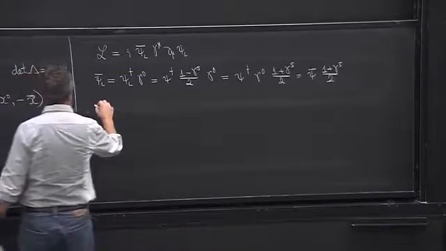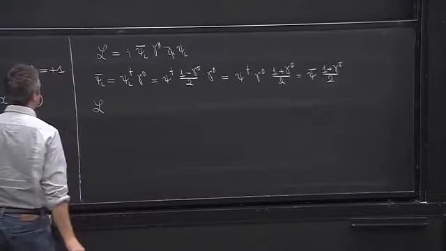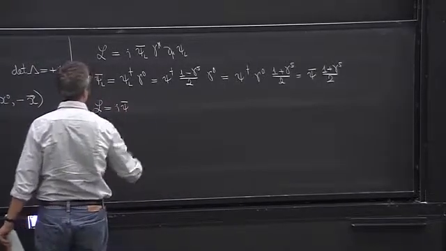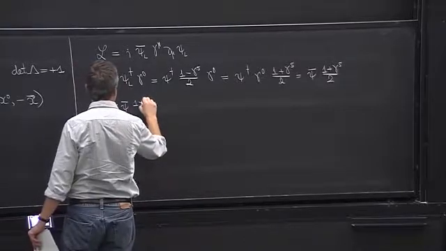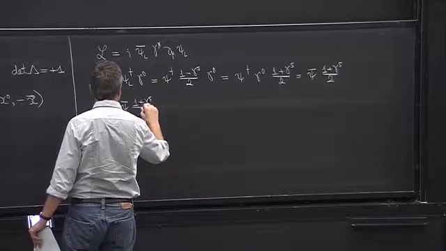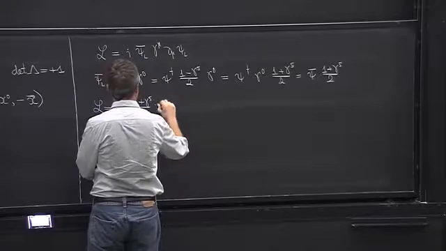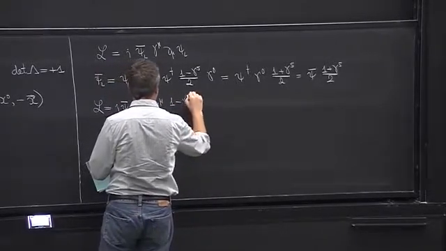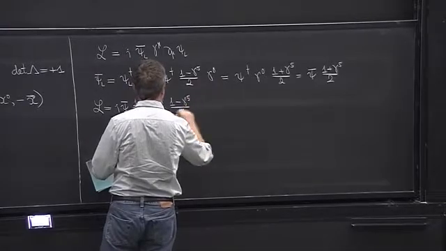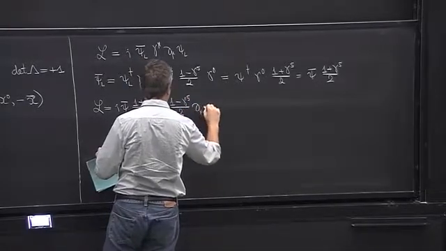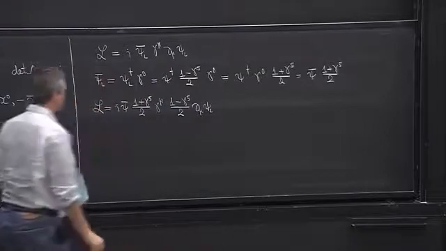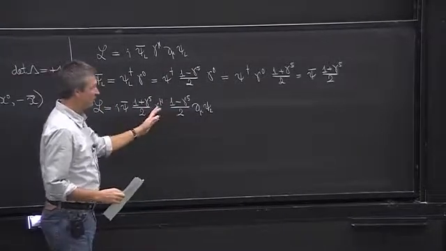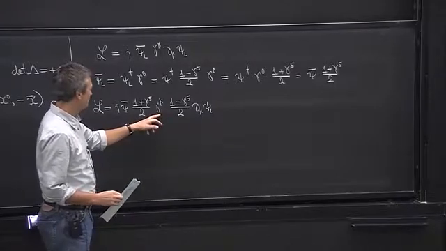So let's see what it implies for the Lagrangian. Well, we substitute here this expression with projectors. And then we commute one of them to the right through the gamma mu matrix.